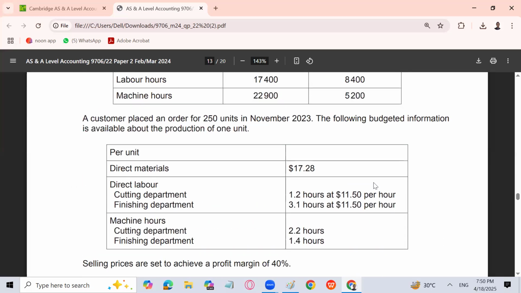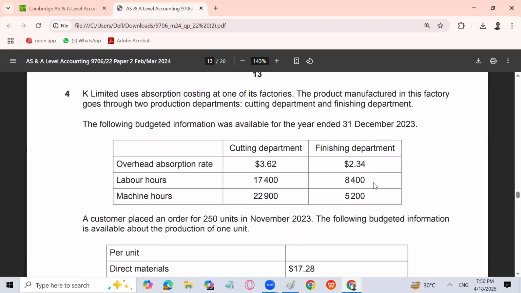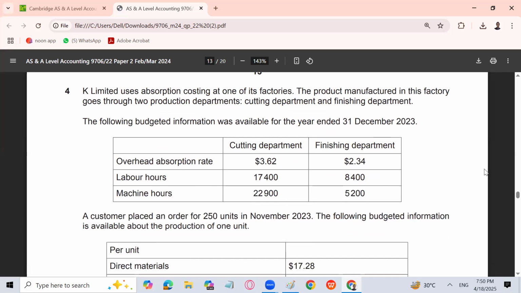Let's solve this question. We need to find the total cost first. So, selling price to be quoted. I will use the dollar sign.